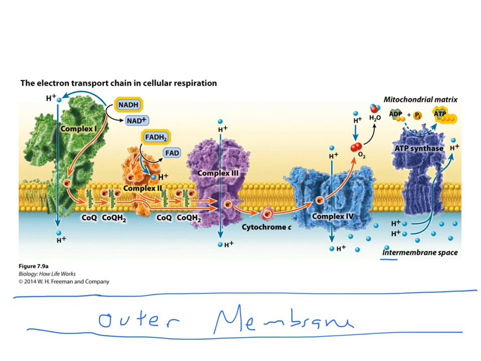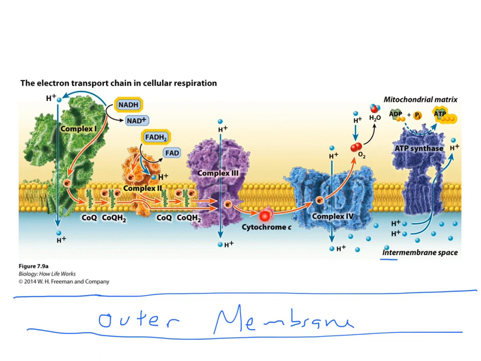Now, the electrons are at complex 3. The complex 3 electrons now are deposited on cytochrome C. So we oxidize complex 3, we reduce cytochrome C. Those electrons drop in energy again as they move from complex 3 to cytochrome C, and we pump protons from the matrix to the intermembrane space.